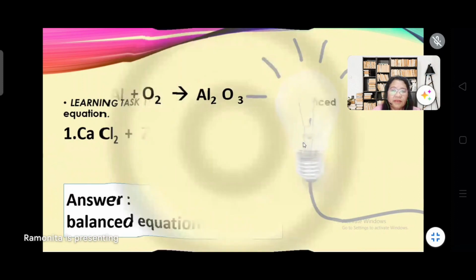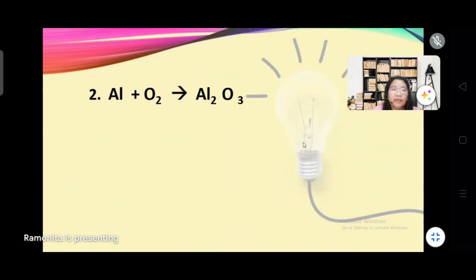Next, we have here aluminum combined with oxygen gas produce aluminum oxide. Is it balanced or unbalanced? So I'm going to give a clue, which is the subscript. Okay, your answer please.